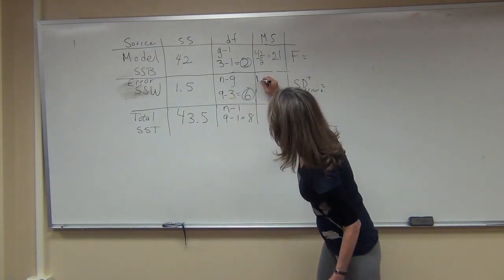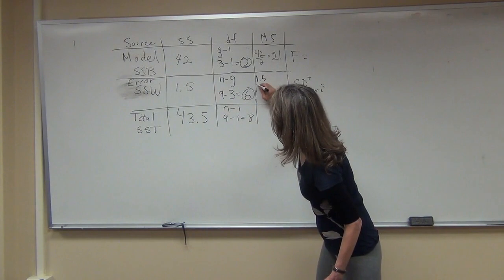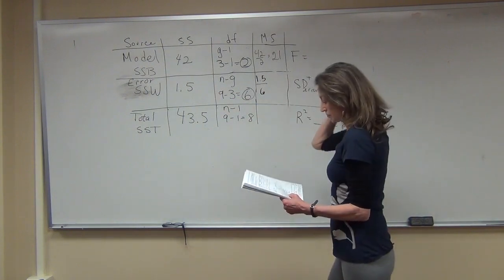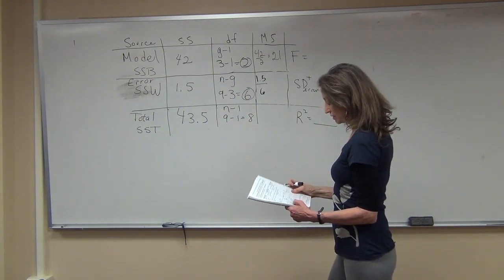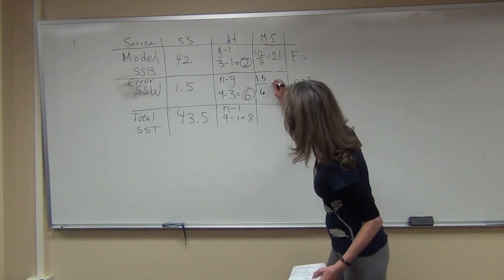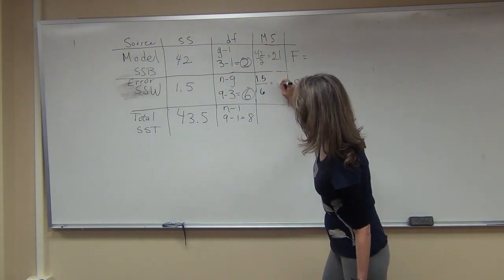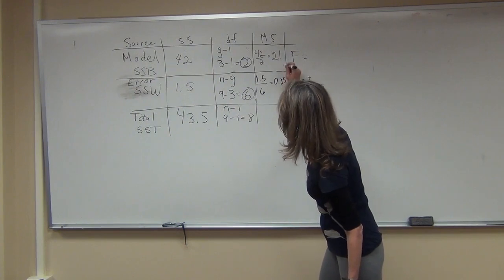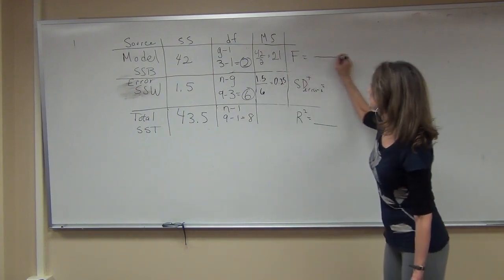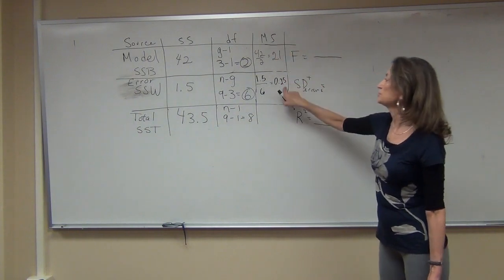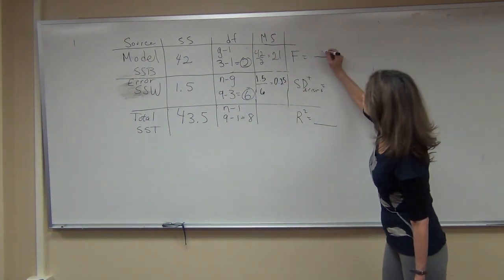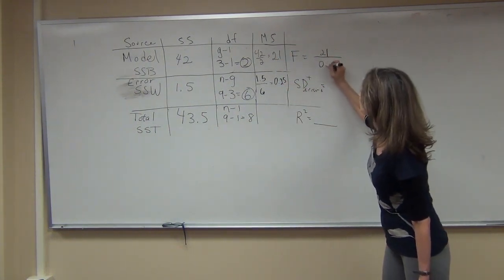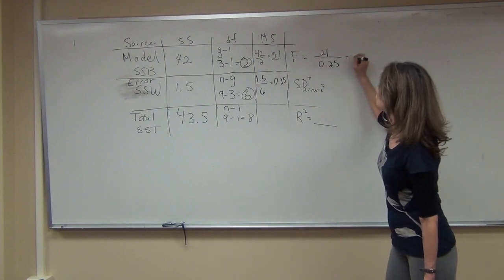So we say 1.5 divided by 6, which is equal to 0.25. Now, F is the ratio between the mean square model and the mean square error. So it's just going to be 21 divided by 0.25, which is 84.